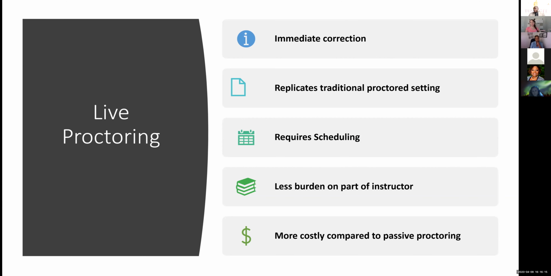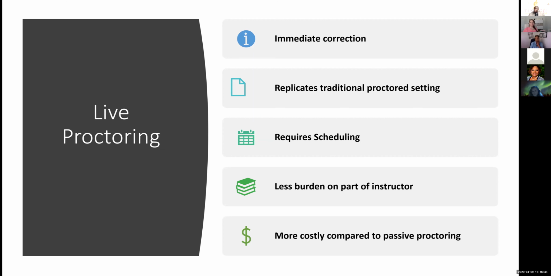It requires scheduling ahead of time, less burden on the part of the instructor, because the instructor only receives a report if an incident occurs. If there is no incident, of course, you have access to the transcript of the proctoring session in your account, but you only receive notifications when suspicious incidents occur in an exam.